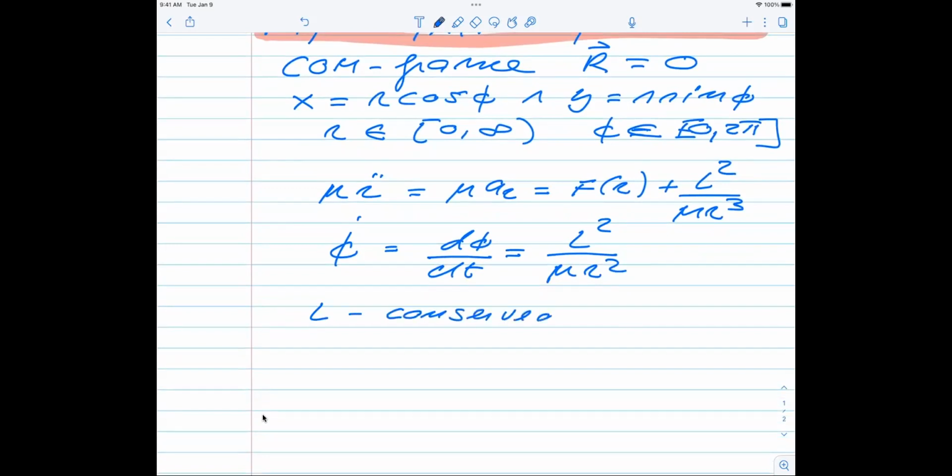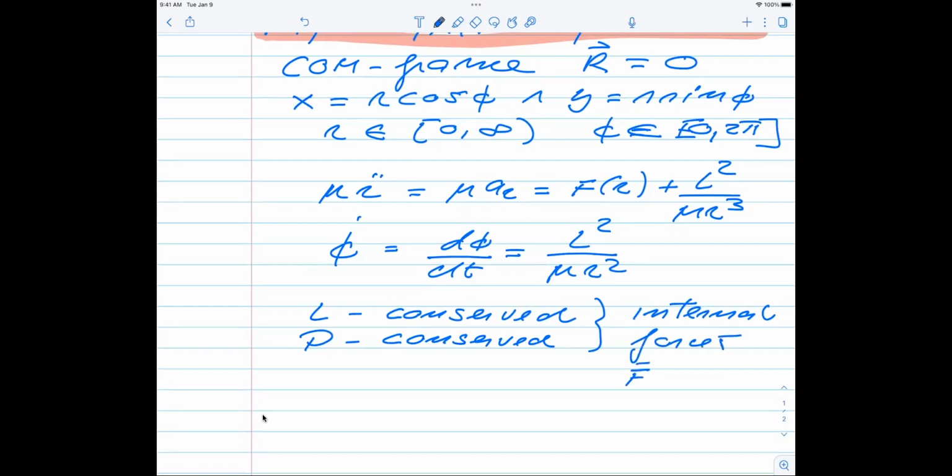This is just a quick repetition of what we have. We showed that the linear total momentum is conserved. And these two results follow from the fact that we have internal forces only. This force depends on a function which we haven't specified, of the absolute value of the relative distance, multiplied with the relative distance between two objects.